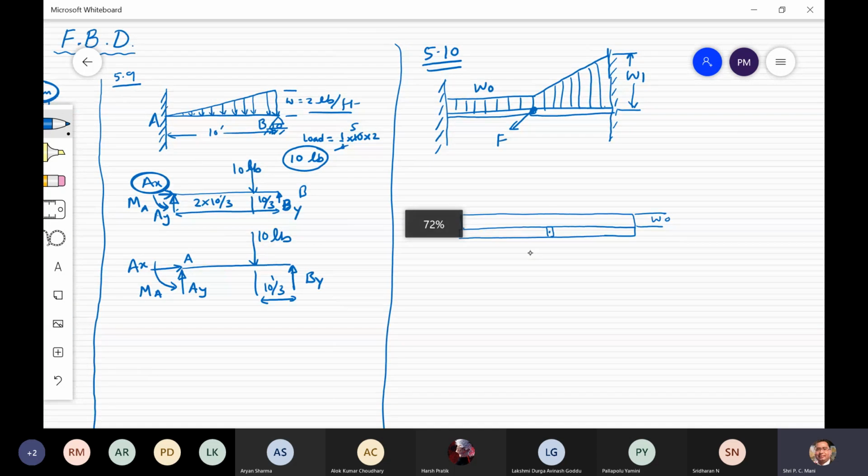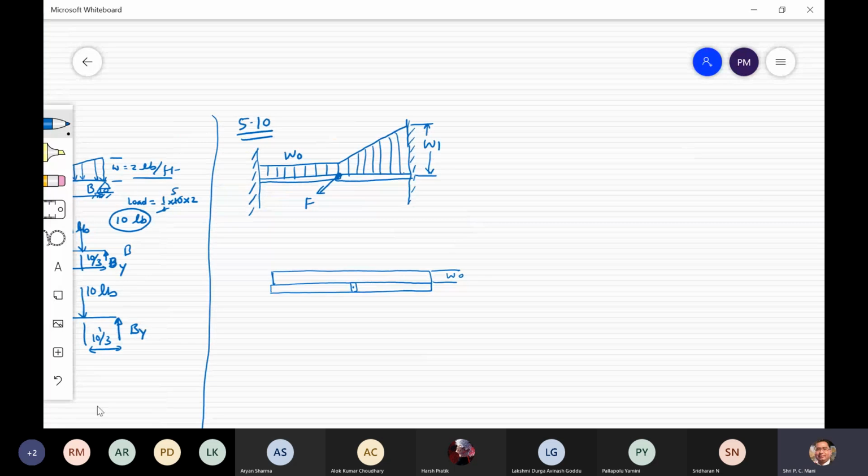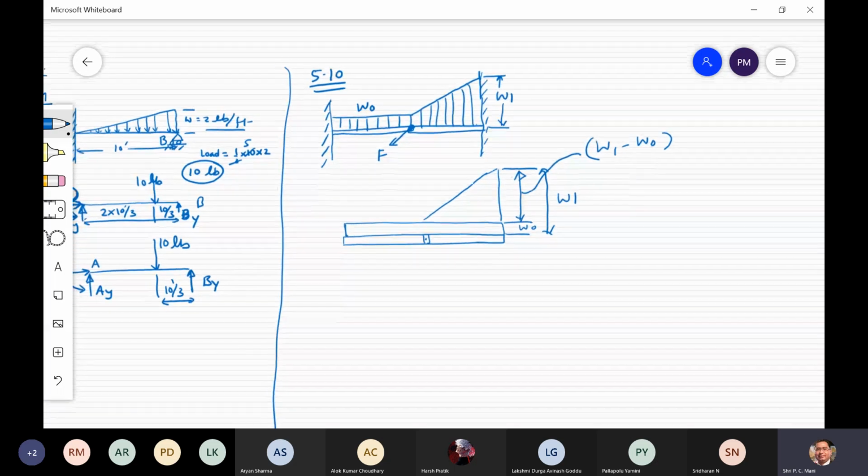From the hinge point, this triangular load is also there, and this total one is W1. So this one will be how much? W1 minus W0, clear? And this is a uniformly distributed load. So basically it is divided into two parts.